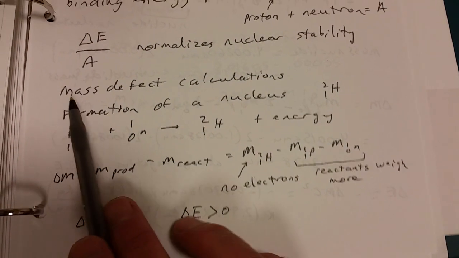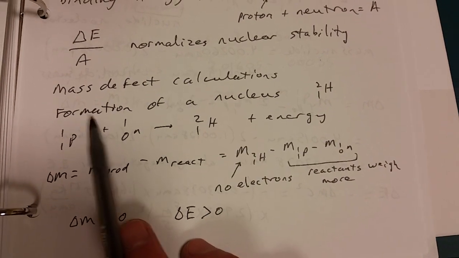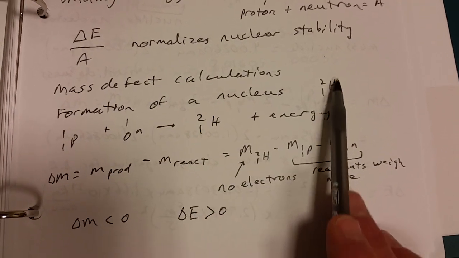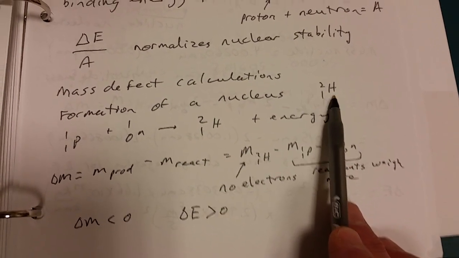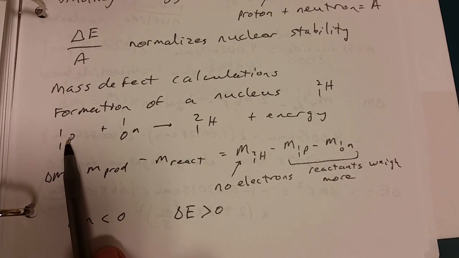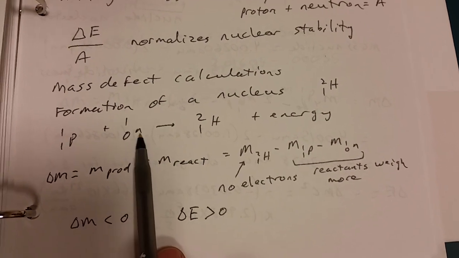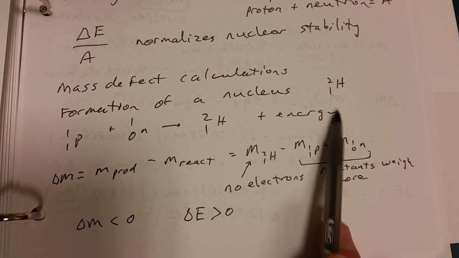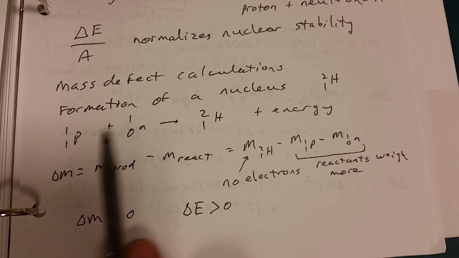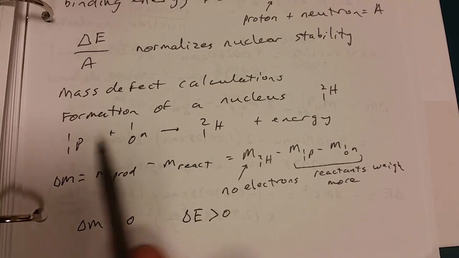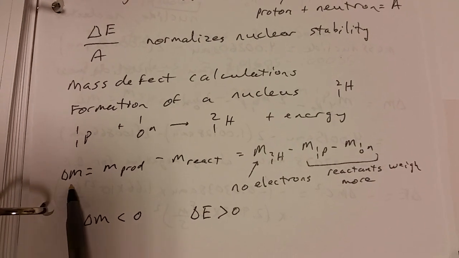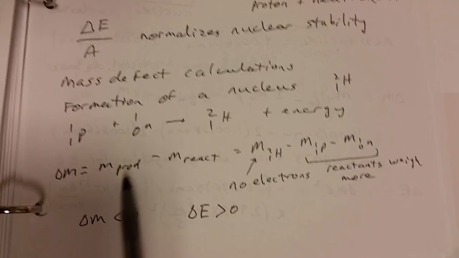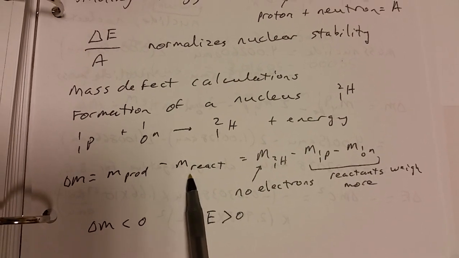To find delta M, the mass defect calculations: the formation of the nucleus of deuterium, the heavy isotope of hydrogen, is formed from combining one proton and one neutron to make a deuterium, and it gives off energy. We can calculate this energy by looking at the difference in masses between the products and the reactants. The delta M is defined as the mass of the products minus the mass of the reactants.